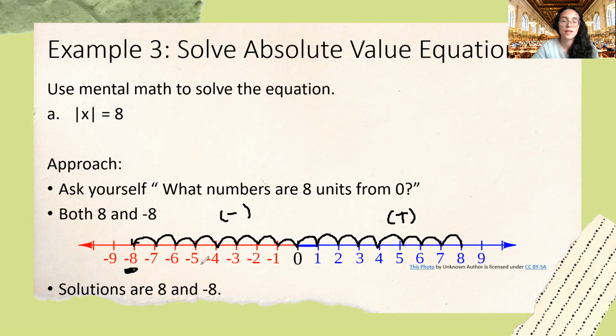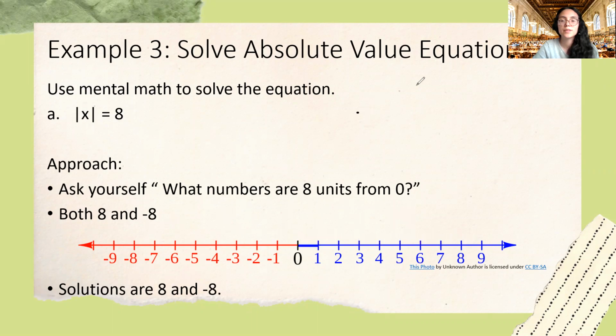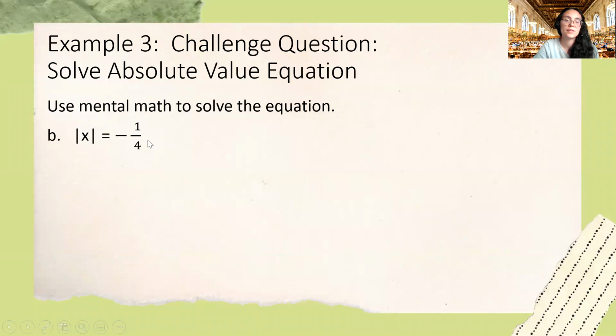So we got negative 8. Then we also counted from 0 to the right, and we counted 1, 2, 3, 4, 5, 6, 7, 8, and we got this value here, so 8. Okay. So remember, absolute value is the distance from 0. That's important. You are always welcome to make flashcards and review the notes as well.